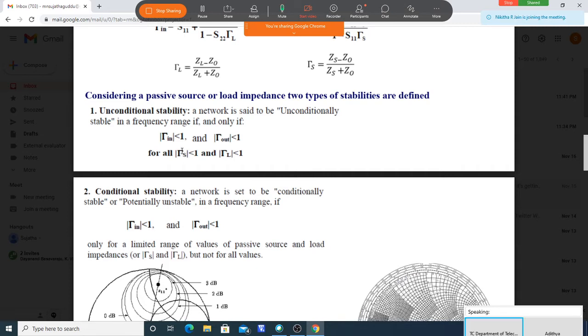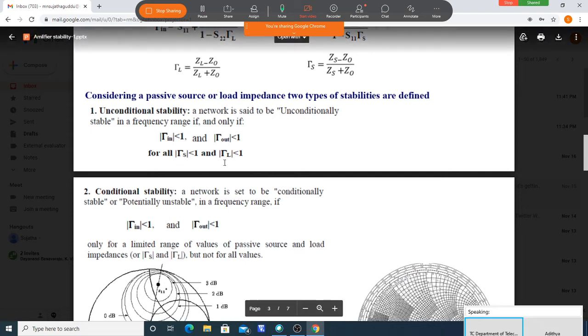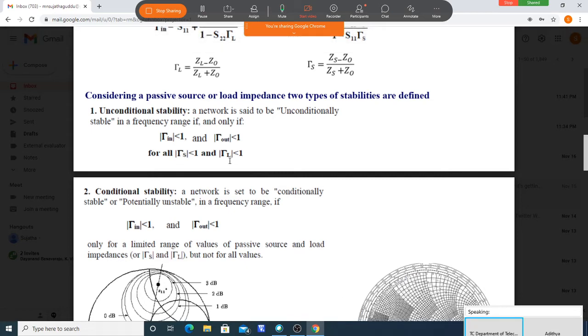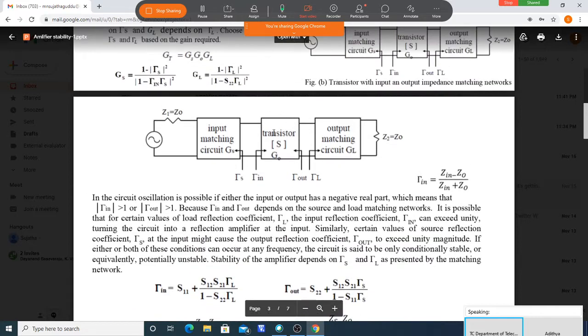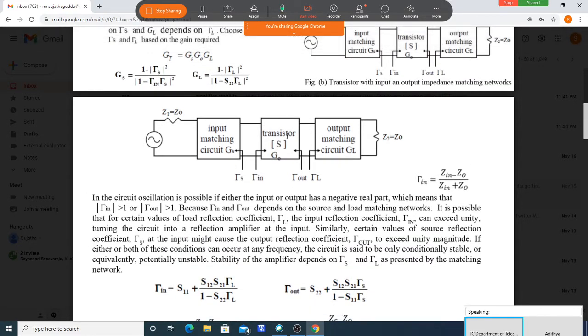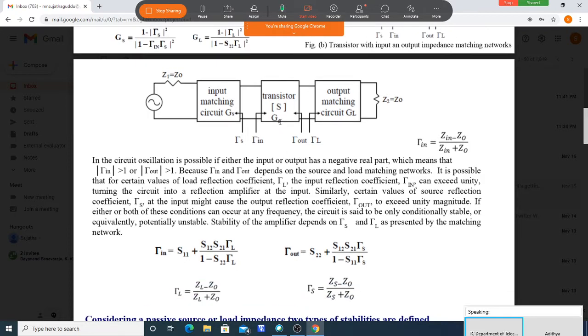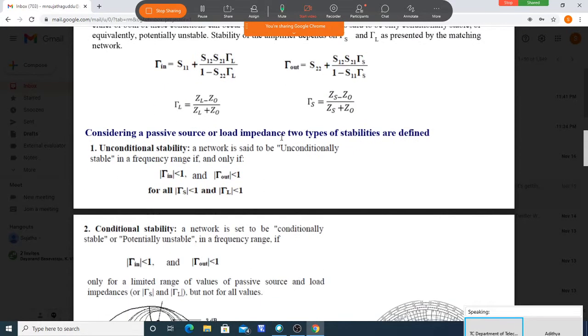See, some amplifiers are there. For such an amplifier, you can take any value as ZS, any value as ZL. Amplifier means a transistor again. We are using an active device as a transistor. You take some transistor. The transistor is characterized by its S matrix. For some transistors or some active device, you can take any value of ZS, any value of ZL.